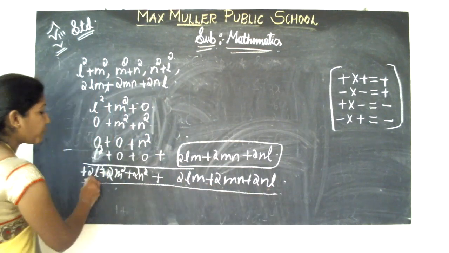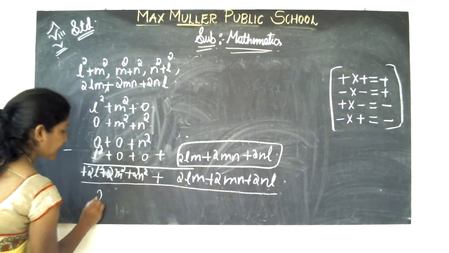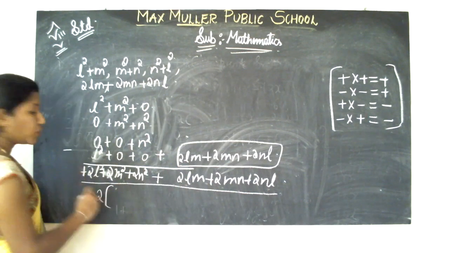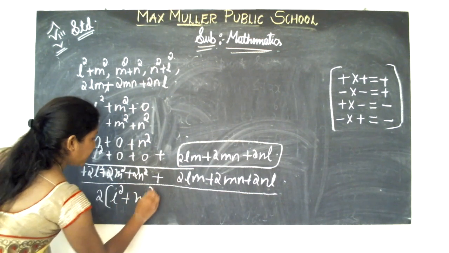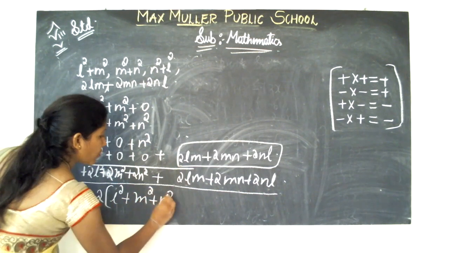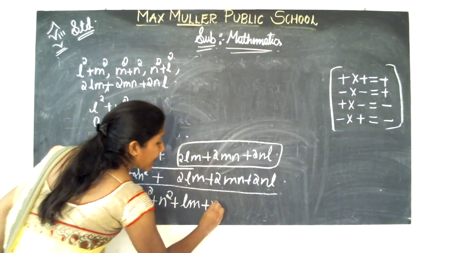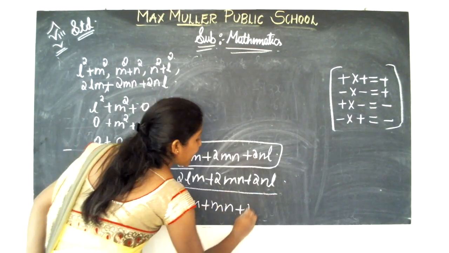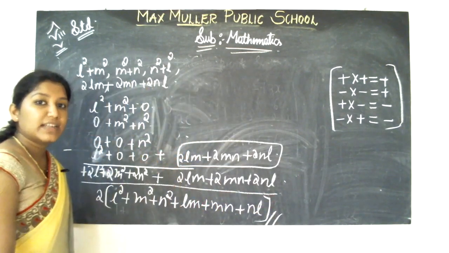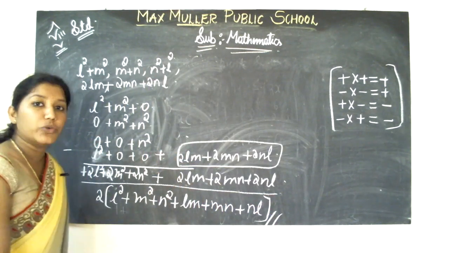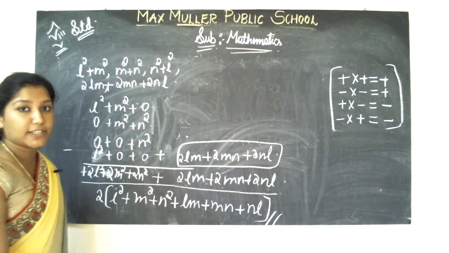So what is common in both parts? That is 2. Take out 2. So it is L square plus M square plus N square plus LM plus MN plus NL. Okay, this will be your final result. This is how you do addition of algebraic expressions.